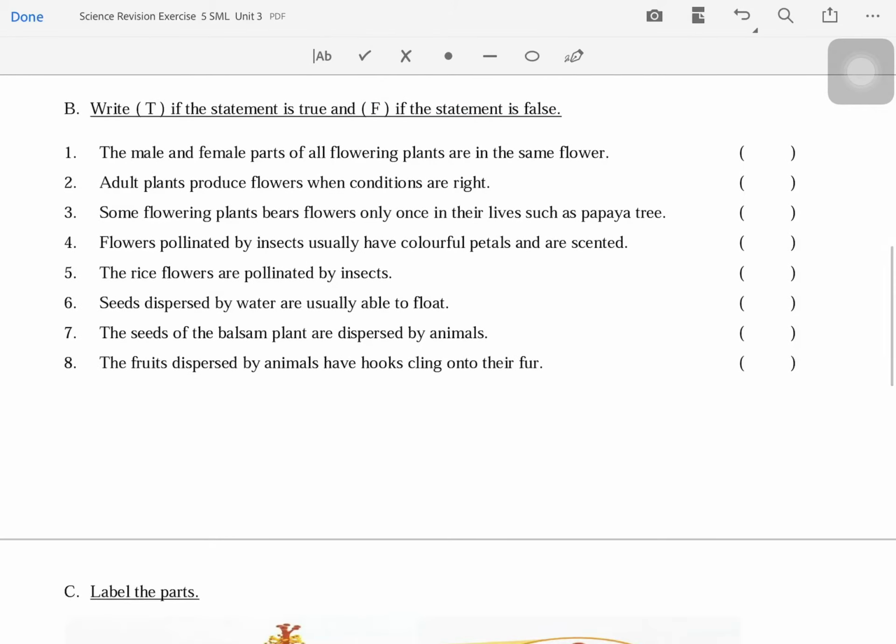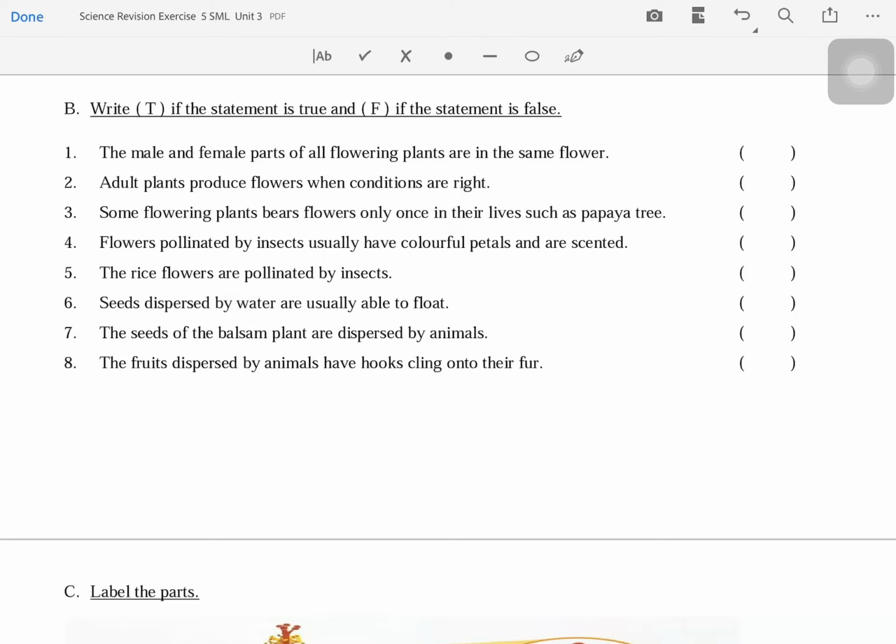Okay. Now moving on to our true and false question. Okay. So first question: the male and female parts of a flowering plant are in the same flower. Alright, so you can go to page 54 of your textbook, which you can find the answer.